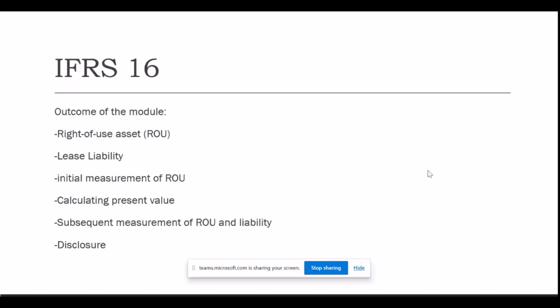Initially, the old standard was called IAS 17. IAS 17 classified leases into finance lease and operating lease.